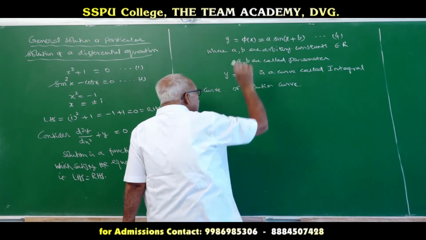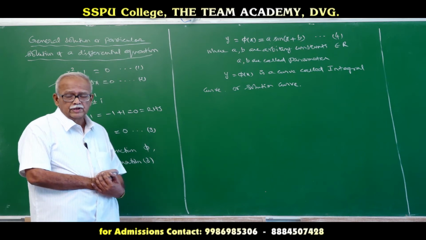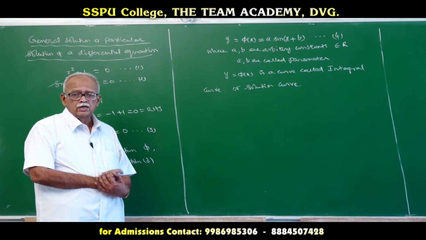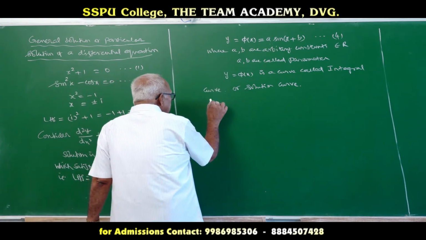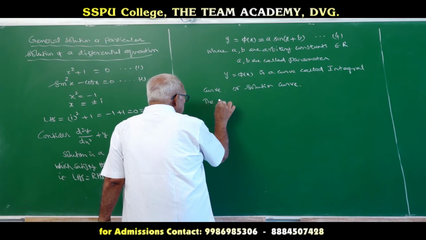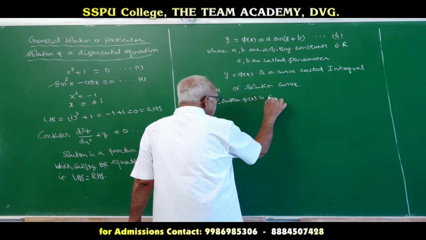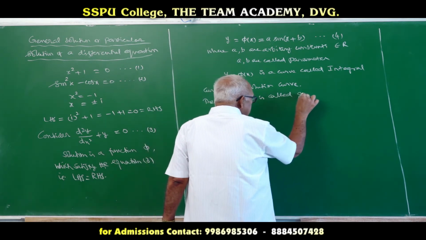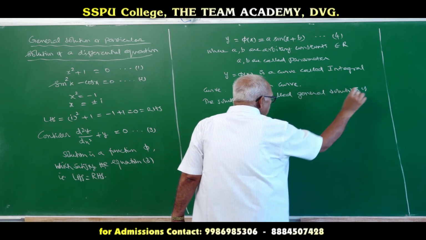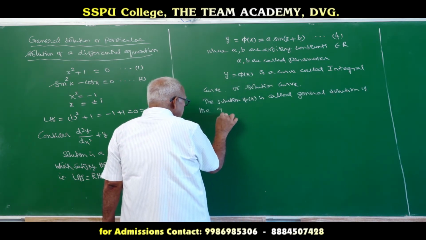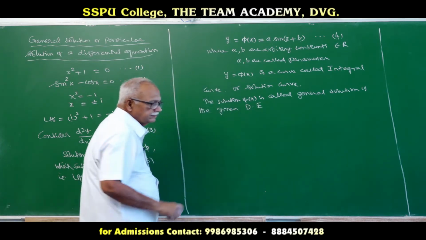And I have taken one equation 4, which is y is equal to phi of x, a sine of x plus b, where a and b are called parameters. The solution phi of x is called the general solution of the given differential equation.